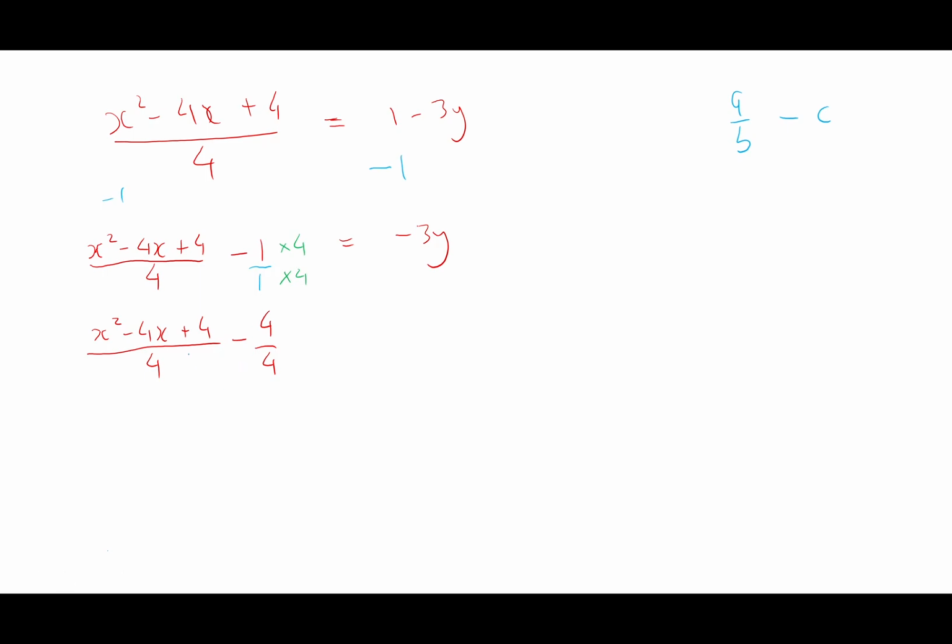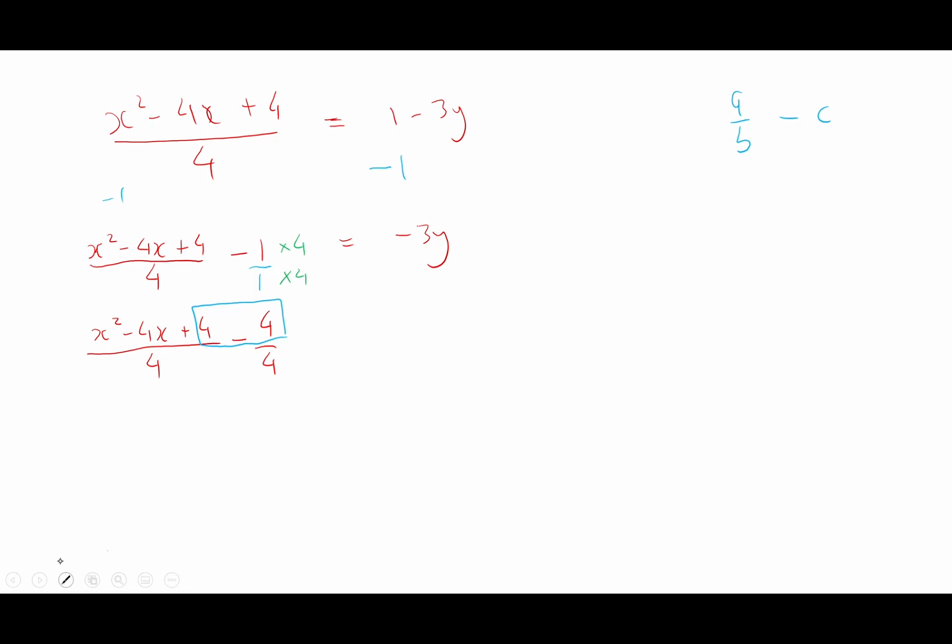But if you stop and think about this now, we have x squared minus 4x plus 4 minus 4. Now these two terms are going to cancel because we have a plus 4 and a minus 4.